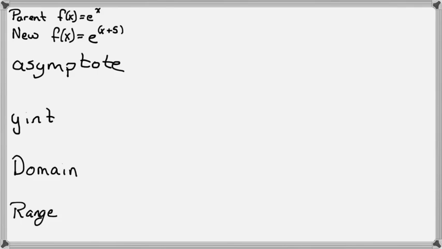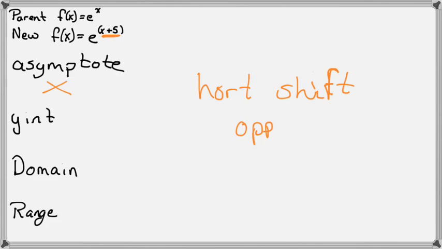This time, my transformation is happening in the exponent, so that means it's a horizontal shift of the opposite of whatever is up there. So that's not going to change my asymptote. It will change my y-intercept. It won't change my domain, and it won't change my range.